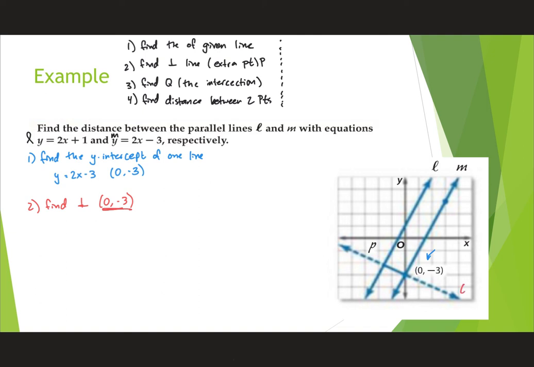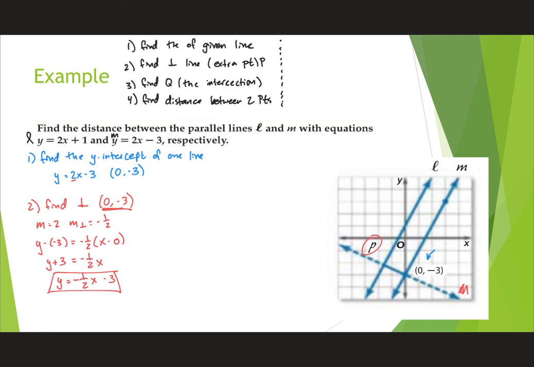They call it line P. Okay, so we're finding our perpendicular line. Now, I need my slope. My slope of the original was 2, therefore my perpendicular slope is going to be -1/2. So there's my slope, there's my point. I'm going to plug into point slope form and solve for my line. And here is my perpendicular line.